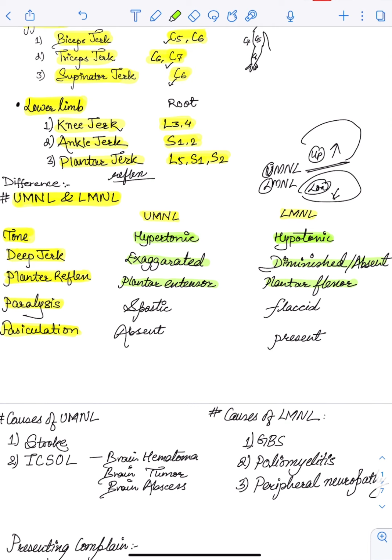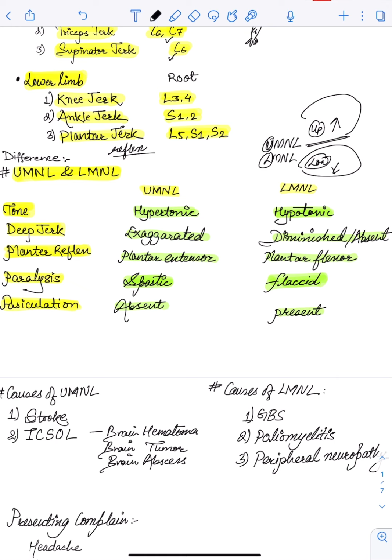So paralysis: if there is a lesion, there is paralysis. As tone is hypertonic, the paralysis is spastic, meaning the muscle is rigid. As tone is flaccid in lower motor neuron lesion, the paralysis is flaccid type. Fasciculations are absent in upper motor neuron lesion and present in lower motor neuron lesion.